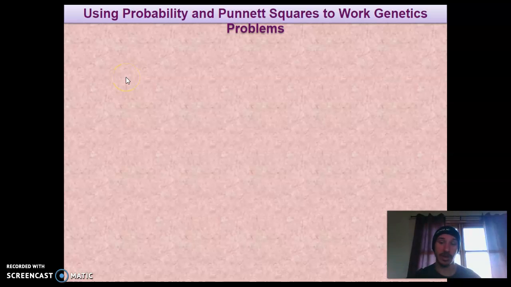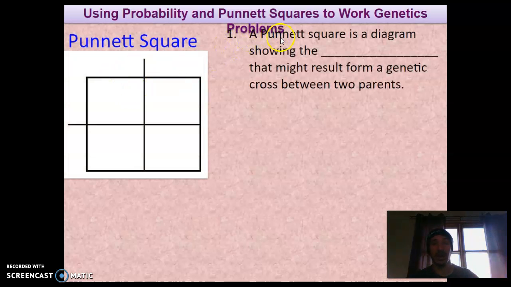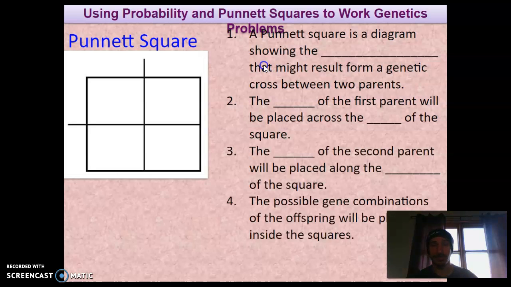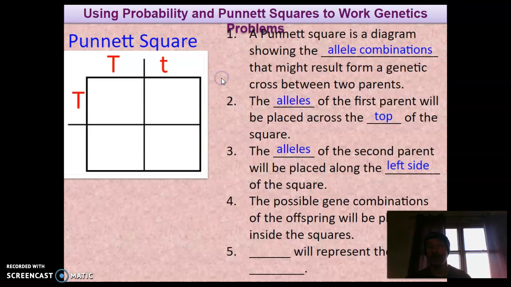Now, let's talk about how probability works with Punnett squares. We got a little taste of this from the Amoeba Sisters video. So we know how Punnett squares work. A Punnett square is a diagram that shows allele combinations that might result from a genetic cross. The alleles for the first parent, as we know, go across the top of the square. And the alleles for the second parent, of course, go down the left-hand side of the square, as we did last week.